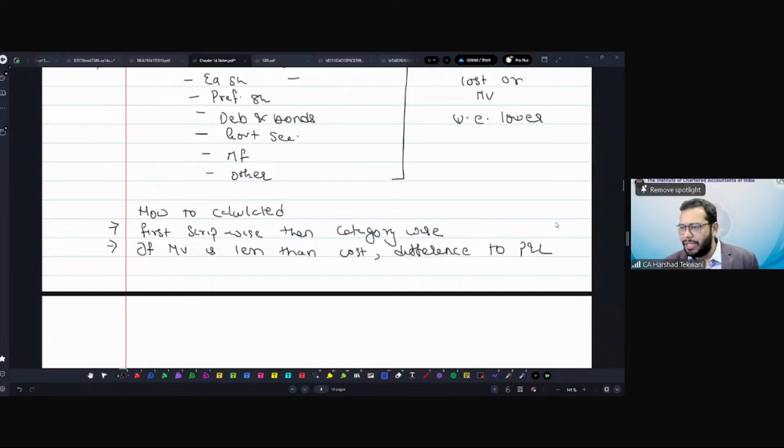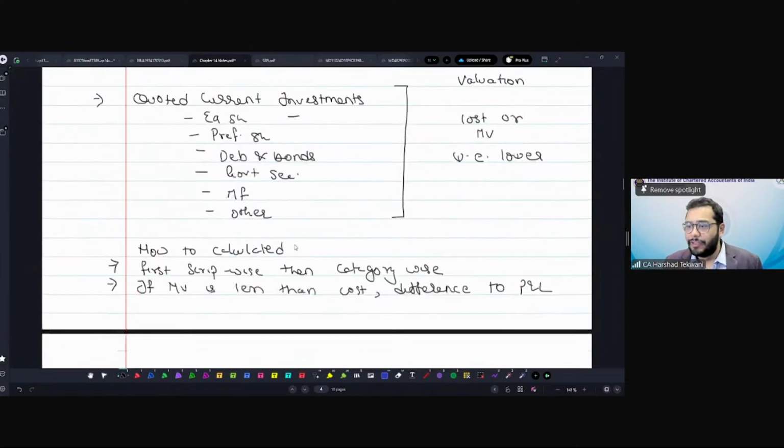Simple, straightforward, nothing difficult. If the market value is more than the cost, ignore. Clear? This was for the quoted current investments.